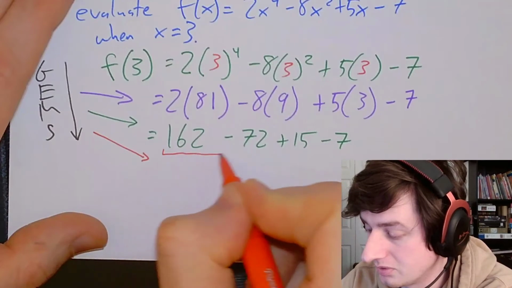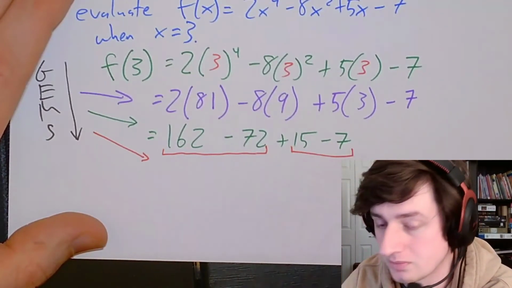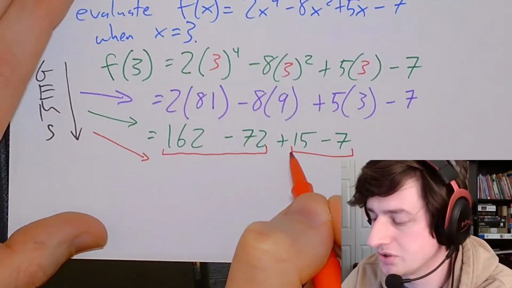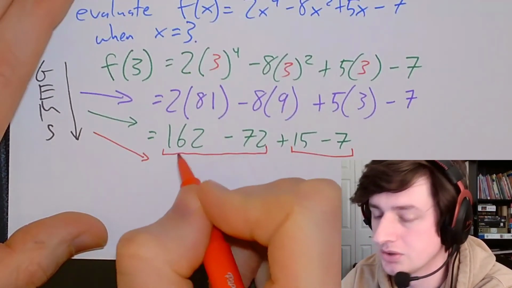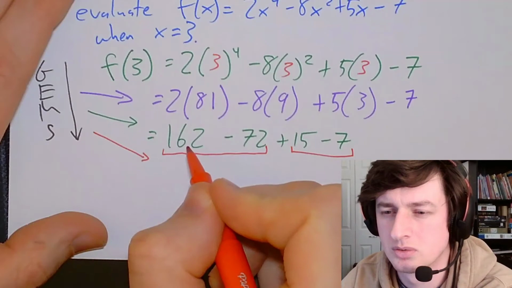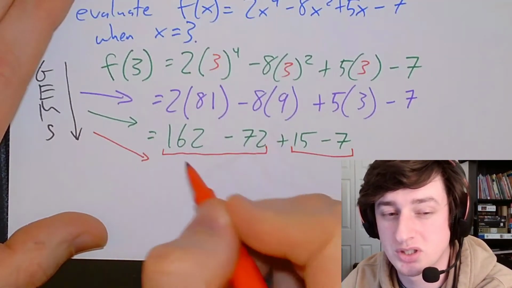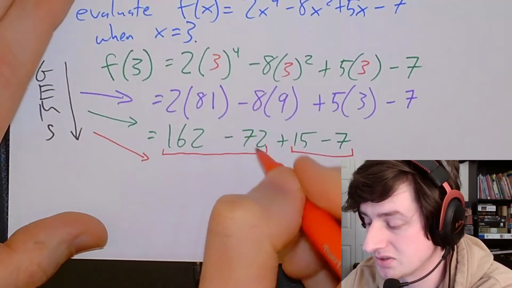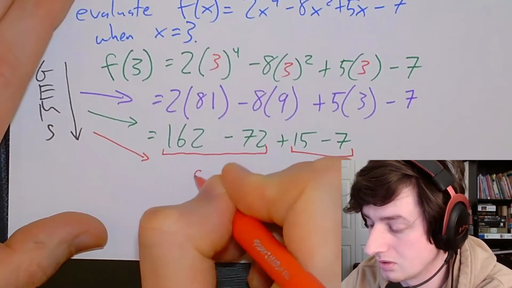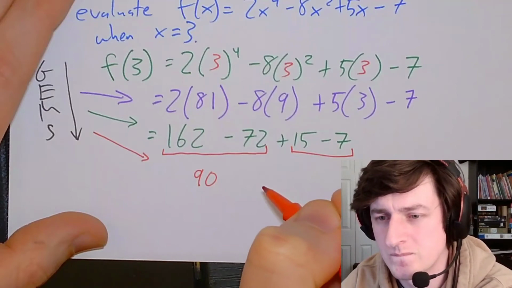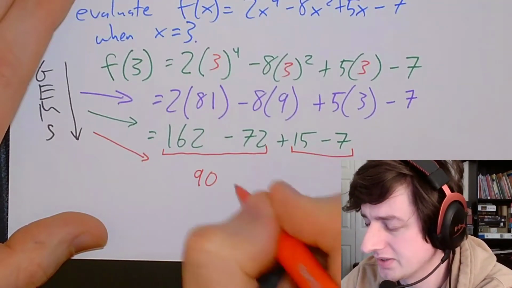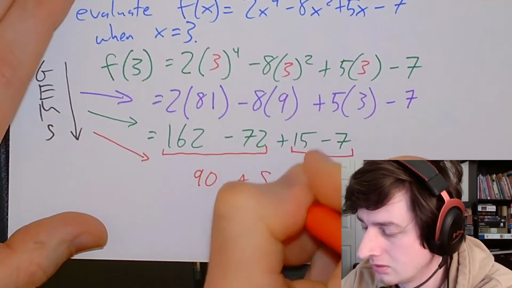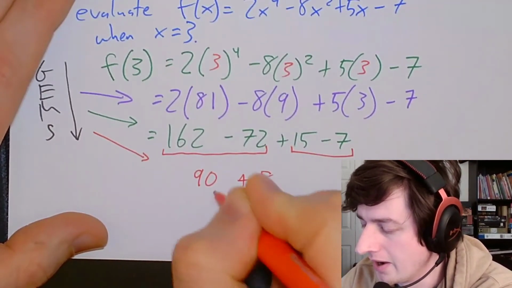So I'm going to do this chunk and then this chunk. And on the next one, I'll show you another strategy. So 162 minus 72, the 2's are going to cancel. And so it's 160 minus 70, which is 16 minus 9. So this is 90 plus 15 minus 7, which is 8. And so we get 98.